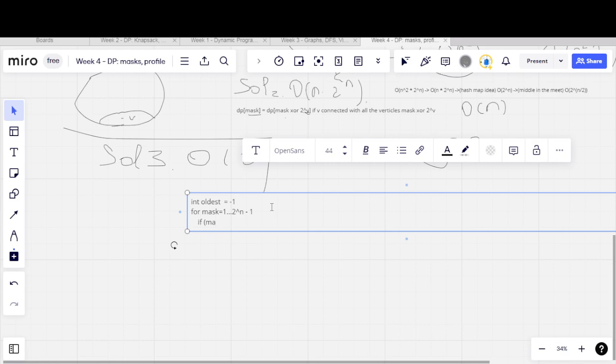How can we mark the oldest bit in this mask?